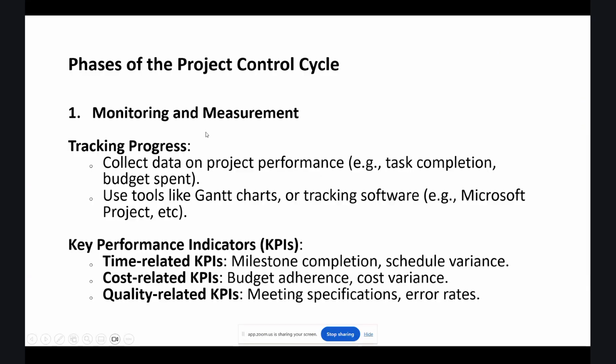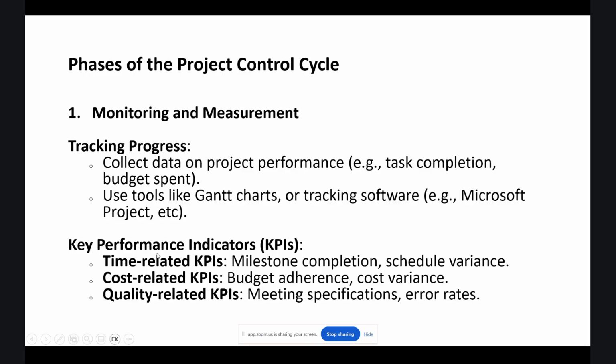The first step is monitoring and measurement. So at every milestone, the project manager needs to do some measurement to see the project healthiness. Track progress and collect data on project performance, for example, task completion and the budget you have already spent up to this moment. Use tools like the Gantt chart, project network, tracking software, and anything that you have to control your project.